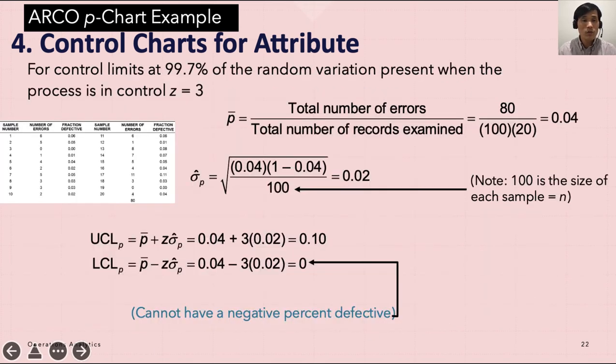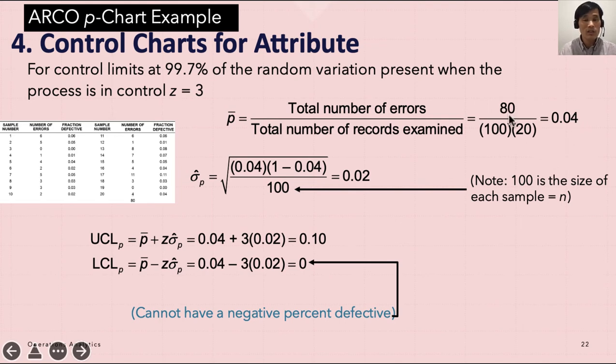So given this information, let's calculate the control chart for attribute. P bar equals total number of errors divided by total number of records examined. The total number of errors was 80, as we saw here, and the sample size was 100, and we have sampled 20 times. So 100 times 20 gives you 2,000.